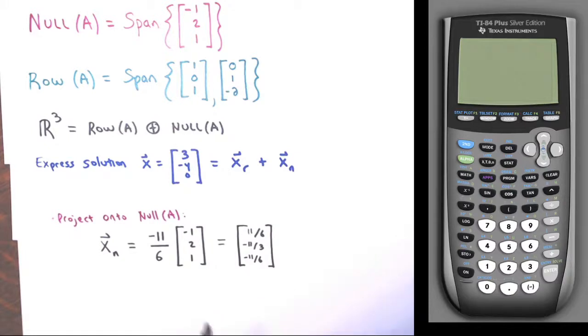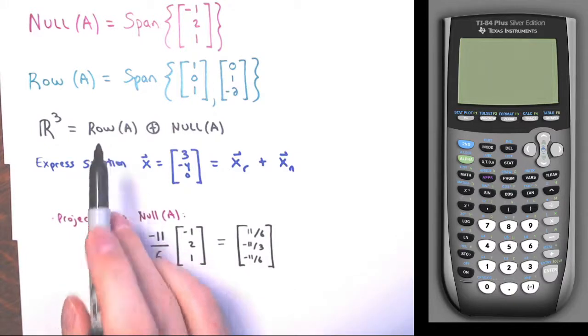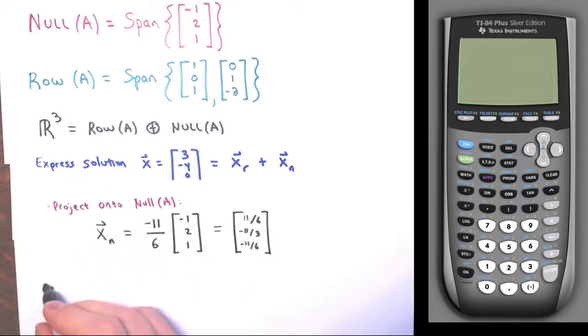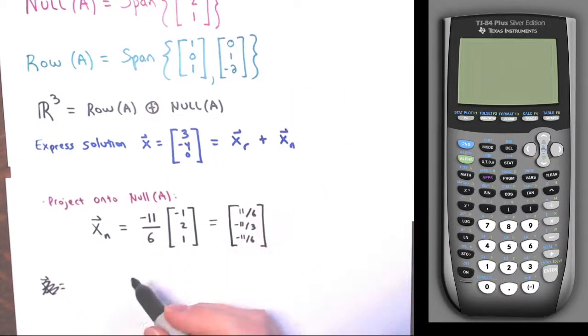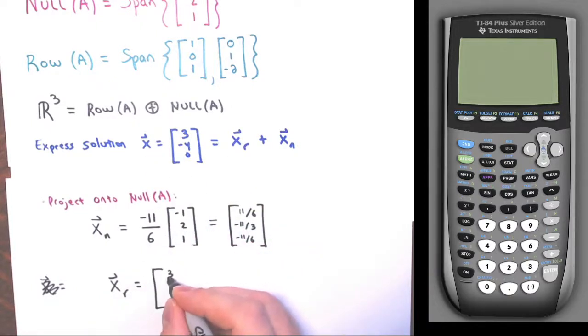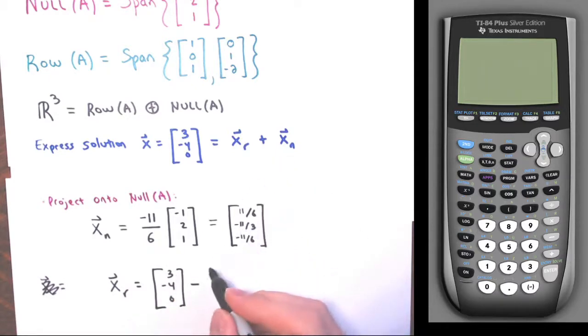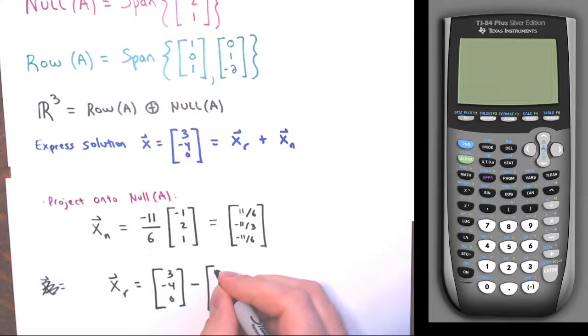And now I want to find that vector from the row space. All right. So remember that x, I'm going to break up into xr plus xn. I already got it up here. So we have xr is going to be my vector x, the 3, negative 4, 0, minus the xn, which is this 11/6, negative 11/3, negative 11/6.